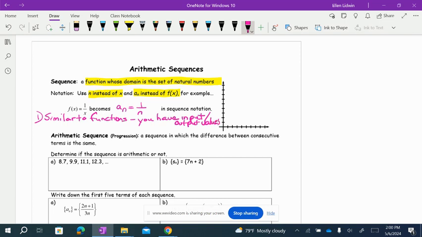Also, sequences have limited input values, so they're generally integers. So we say sequences have limited input values: 1, 2, 3, 4, etc.